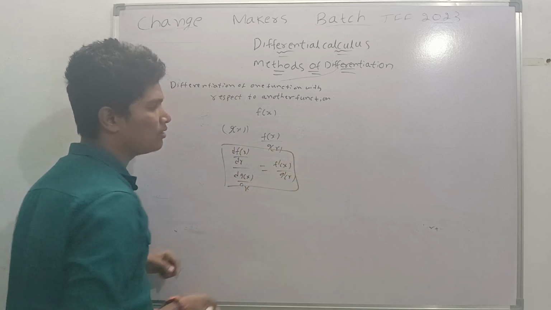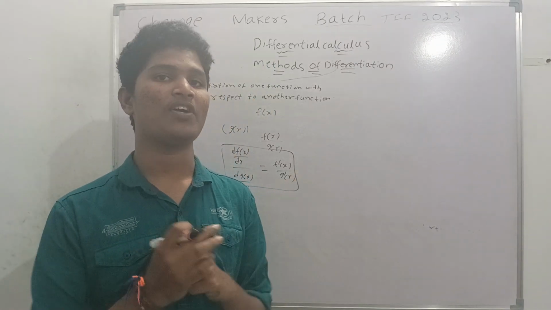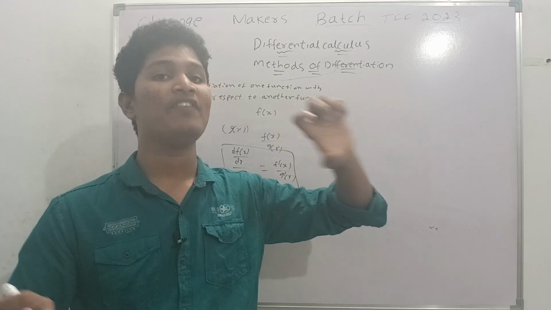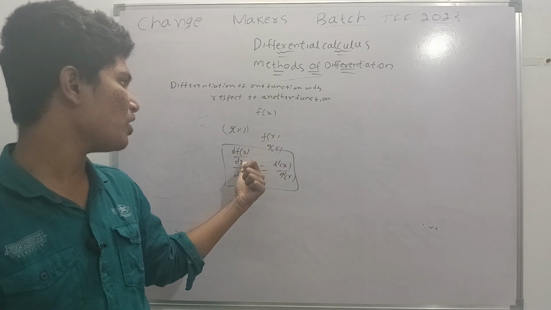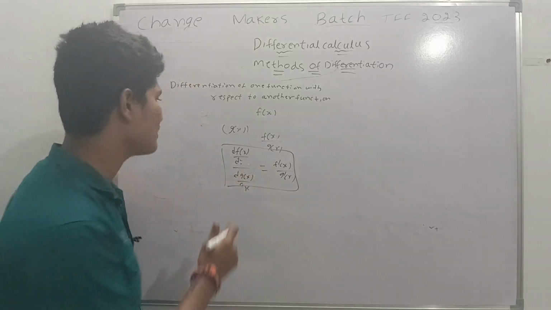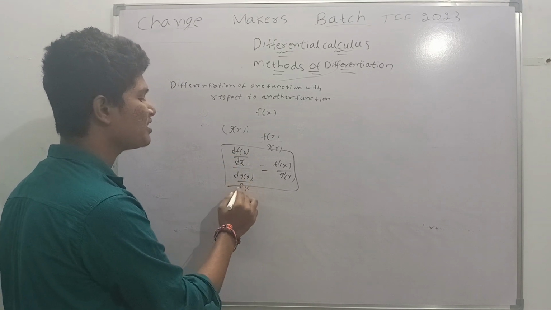Understand? If you want to differentiate a function with respect to another function, you have to differentiate the individual functions and divide. Suppose there is an f of x term, you differentiate it with respect to x: d of f of x divided by dx, divided by d of g of x divided by dx.